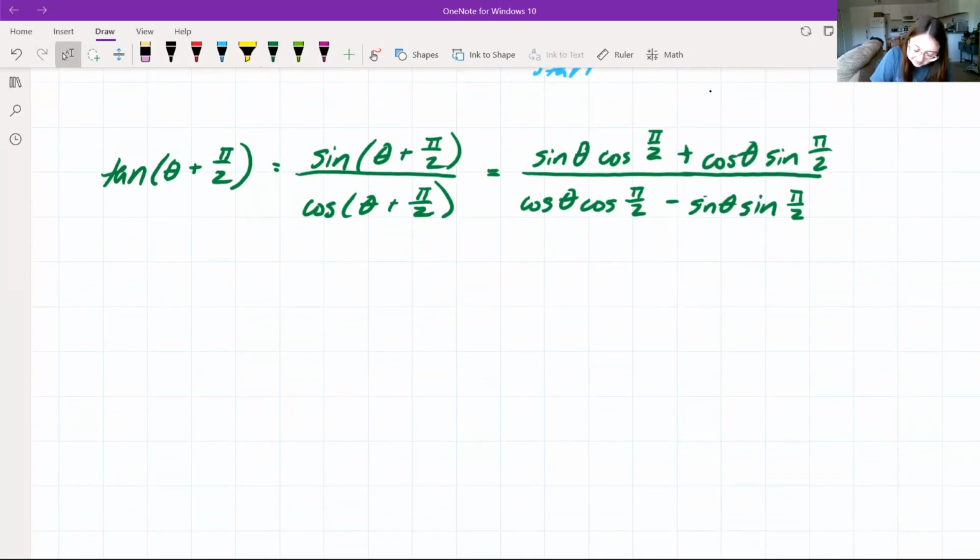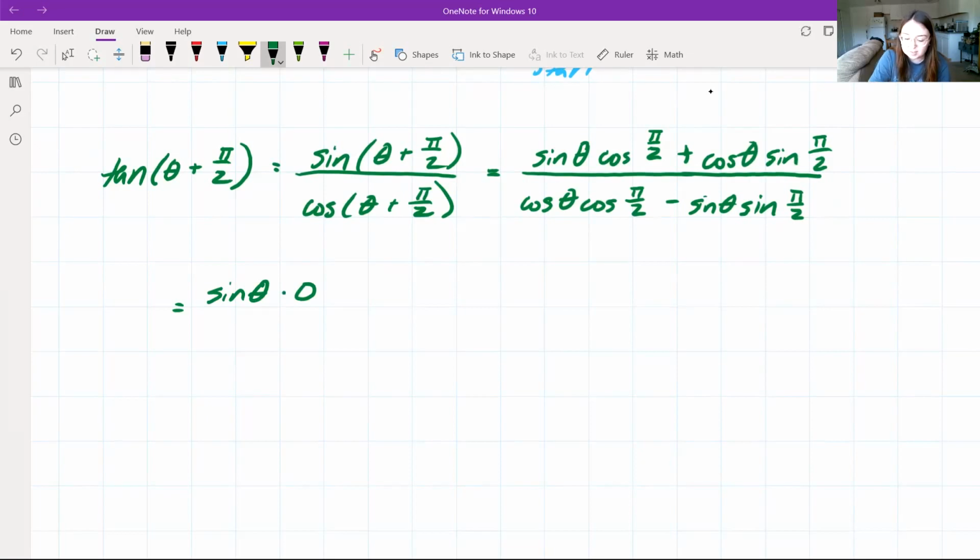Now that we have these, we obviously don't know what sine of theta or cosine of theta is, but we do know what cosine of pi over 2 and sine of pi over 2 are. So let's fill in those values and see if we can simplify. Cosine of pi over 2 is going to end up being 0.